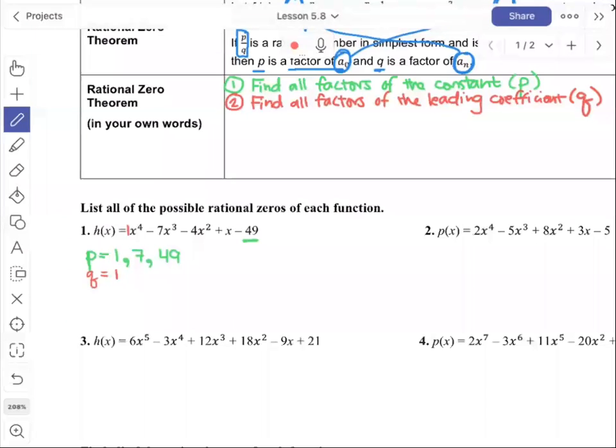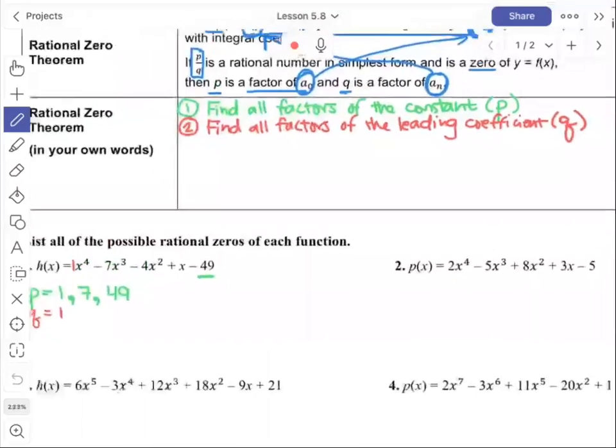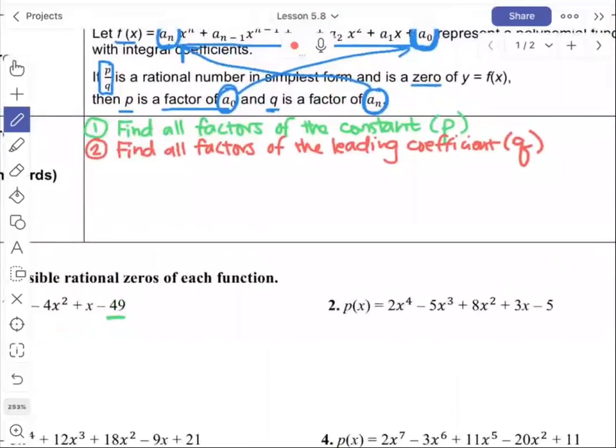All right. Step 3, we're going to take the first list and divide it with the second list. So step 3, I'm going to divide list 1 and list 2.